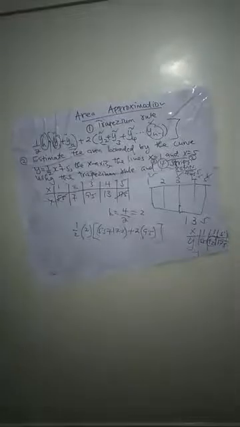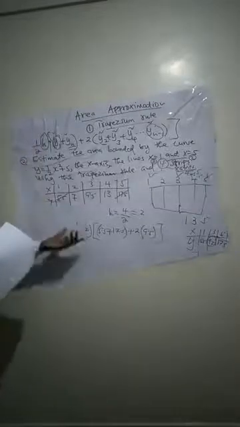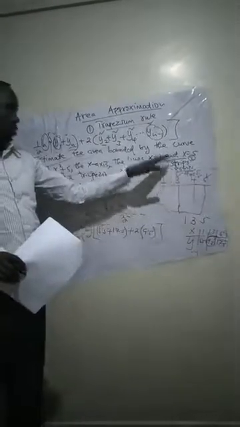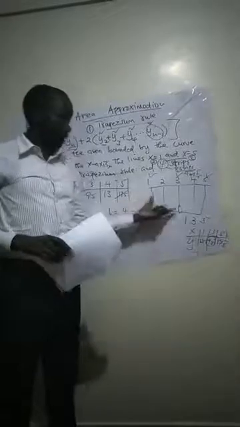And that is what we need to know as far as the area approximation using the trapezium rule is concerned. One thing, the formula is very important. Know how to get the value of h, and also know how to maneuver that formula to get the correct answer. Another thing that is very important is the number of strips. If you're given such a question, the first thing you need to do is to identify the required number of strips.